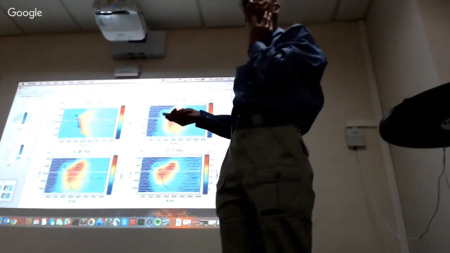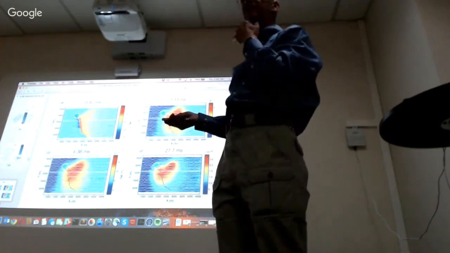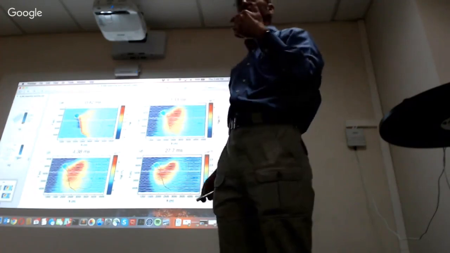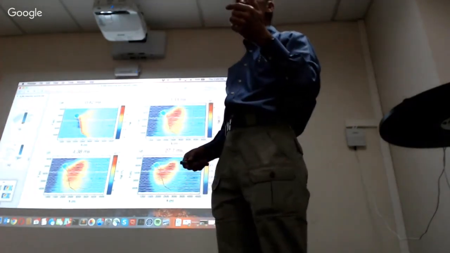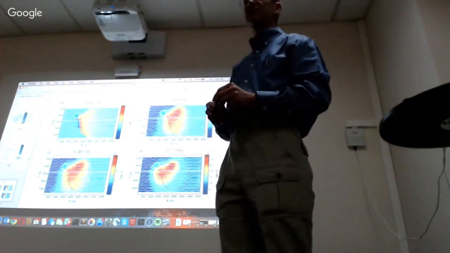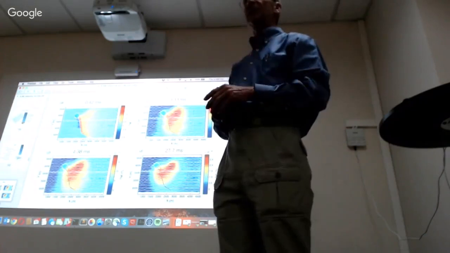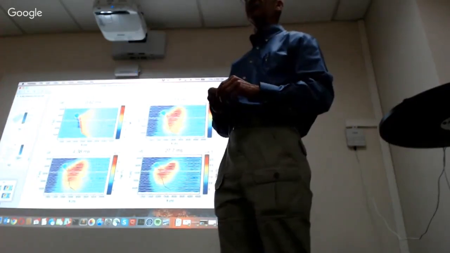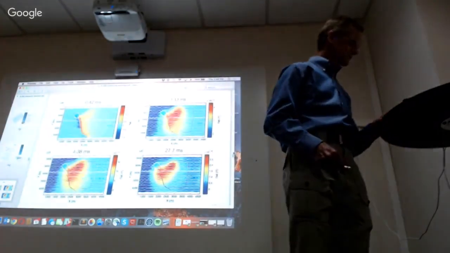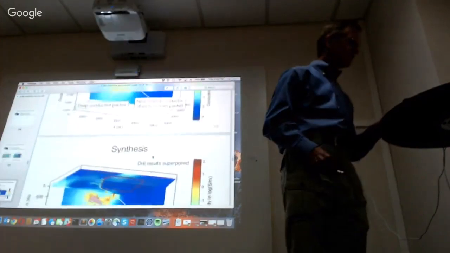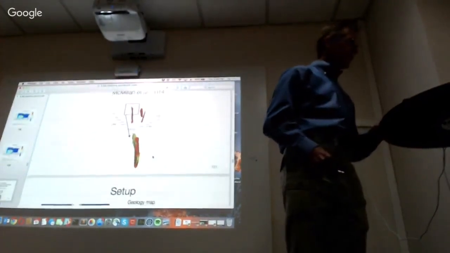However, what we were able to show here, and the primary author is Diquan Yang, who was a postdoc with me, was that if instead of throwing away those early time data, you actually try to model and reproduce that data set, then you can go ahead and eventually work with the full, complete data, and you'll get out a better conductivity model. So I think there's some really interesting things that came out of that.